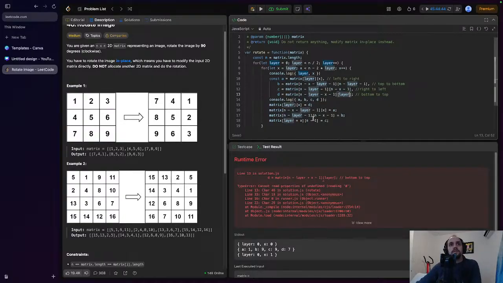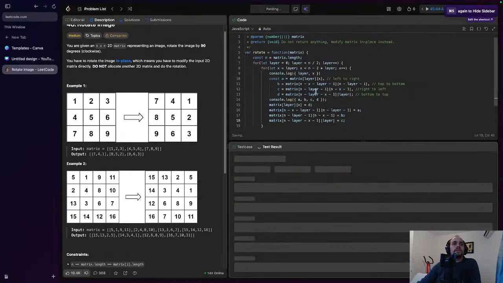And then layer. And we have to go through this all again. Just make sure everything matches up as expected. I don't think I copied it. I'll run it.